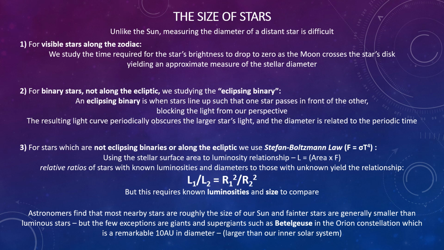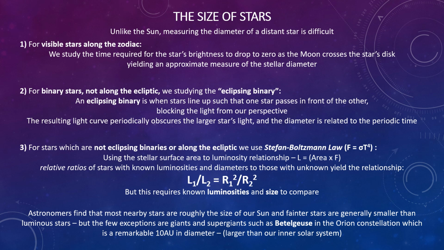For stars that are not eclipsing binaries or along the ecliptic, we use what we call the Stefan-Boltzmann law. And this gives us a relative ratio of the flux with the temperature. And so for a stellar surface area, we can relate that to its luminosity by the relationship that the area times the flux is the luminosity.